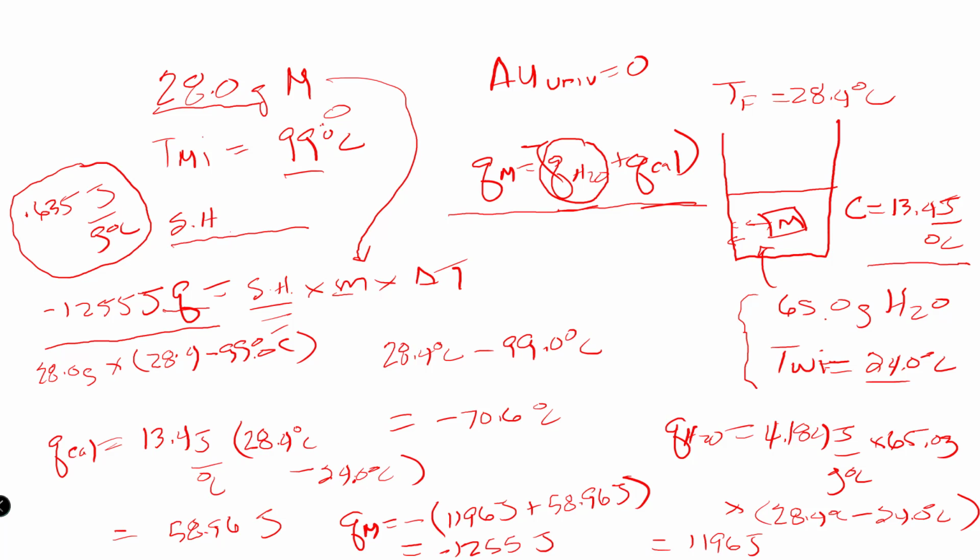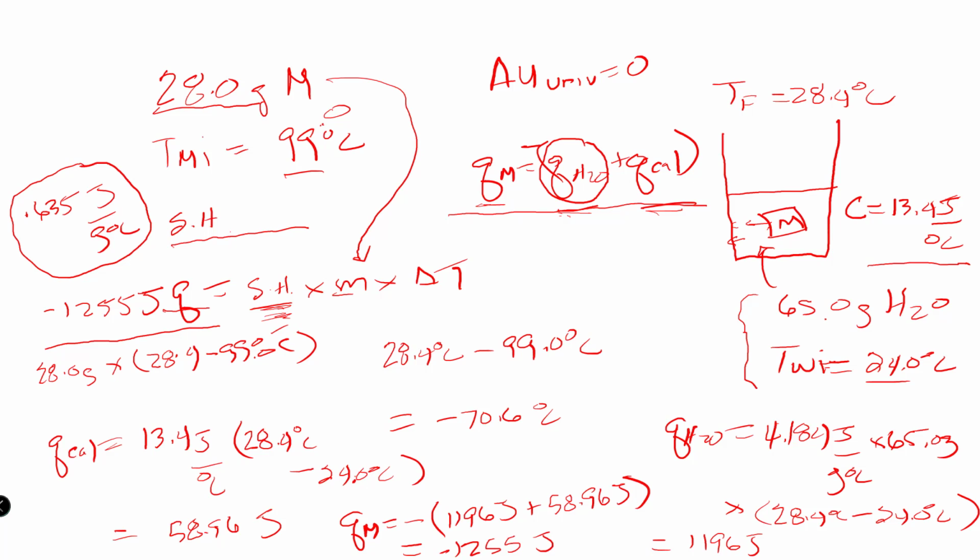And so the Q of the metal is negative the Q of the water plus the Q of the calorimeter. So then it's just a matter of solving. For this to be solvable, you have to find out what the Q of the metal is. And how do you find the Q of the metal? You got to find the Q of the water and the Q of the calorimeter. Once you get the Q of the metal, then it's solving for specific heat in the heat equation for the metal.